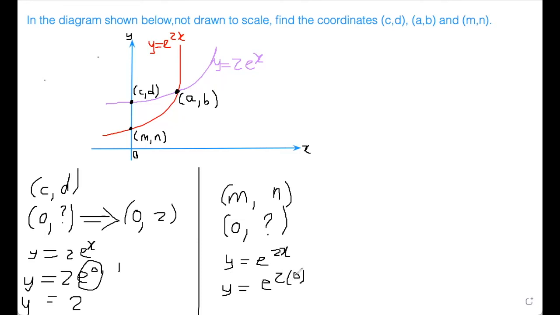But 2 times 0 is 0. So by right, we have this as e to the 0, and e to the 0 is 1. So that means y is equal to 1. So therefore, the next coordinate is x is 0 and y is 1.